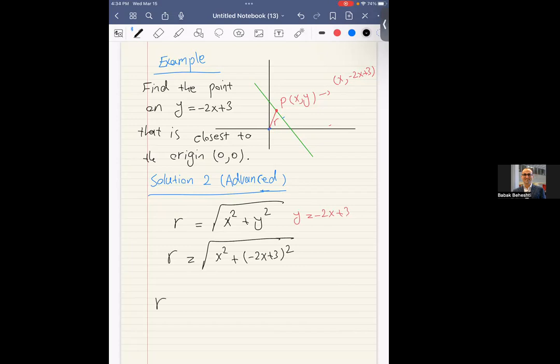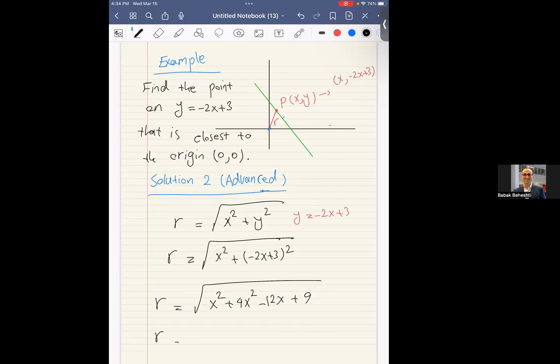If you expand minus 2x plus 3 squared, you get 4x squared, 2 times 2 times 3 is 12, so minus 12x, and then plus 9.